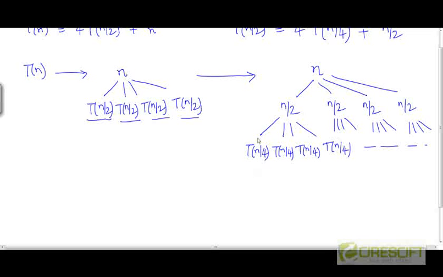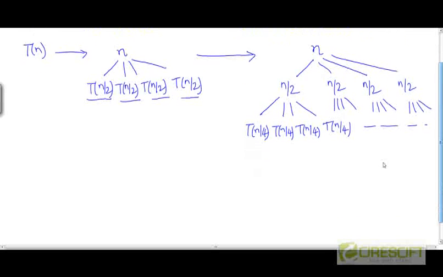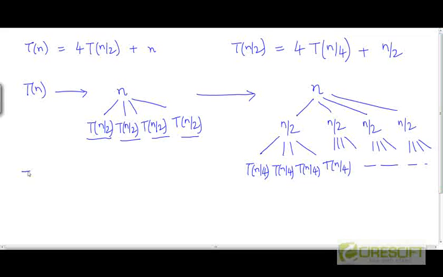Then when we open up these nodes in the next round, T of n by 4 is given by 4 times T of n by 4 divided by 2, which is n by 8 plus n by 4. So all these nodes will get replaced by the cost of n by 4 and 4 children, each child being T of n by 8.